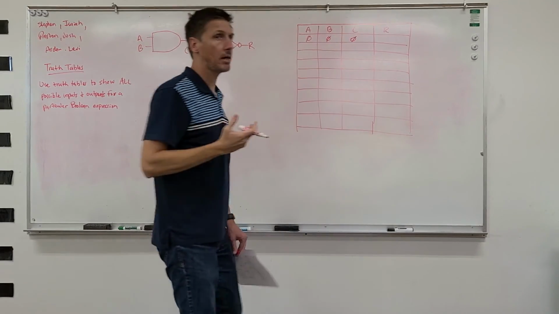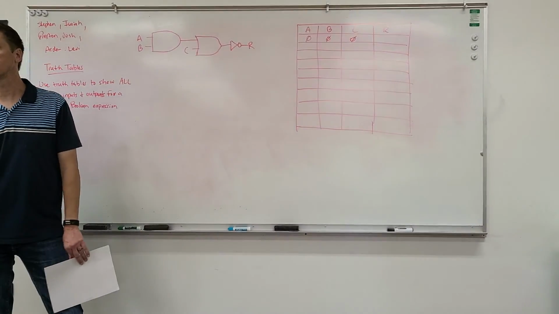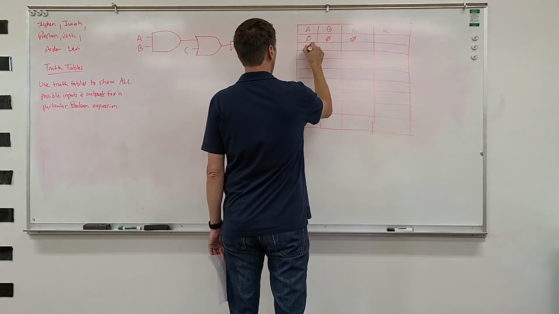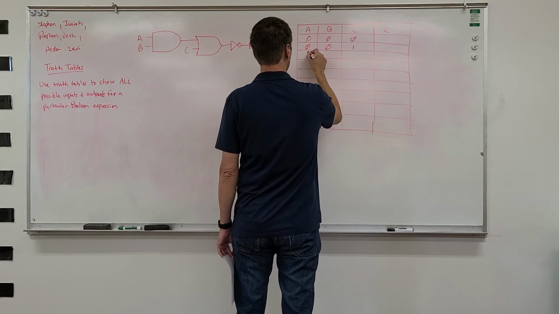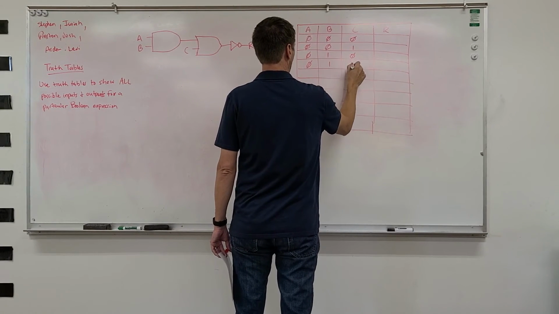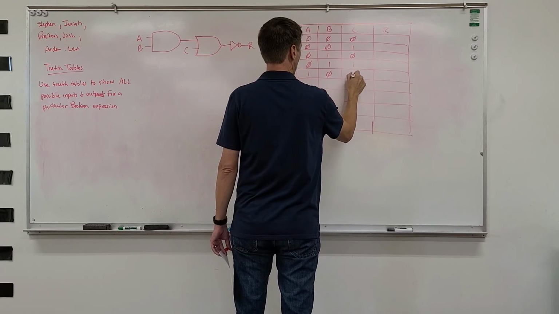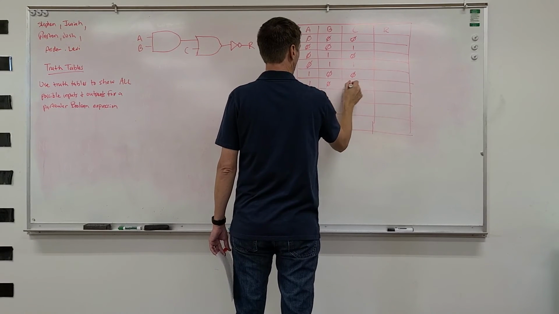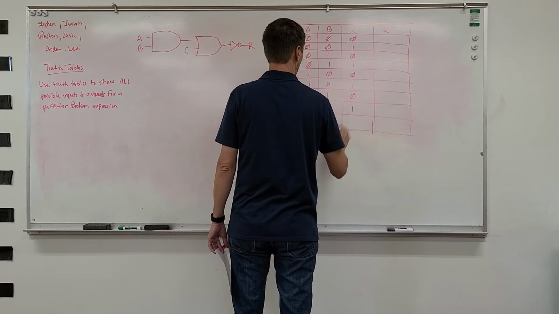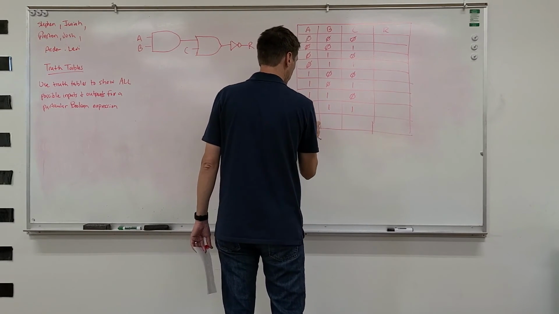All I'm having to think about is what are the possible inputs, because I know they can each be 0 or 1. So I'm just going to go through the list and do all of those. So we should have had 8 rows.